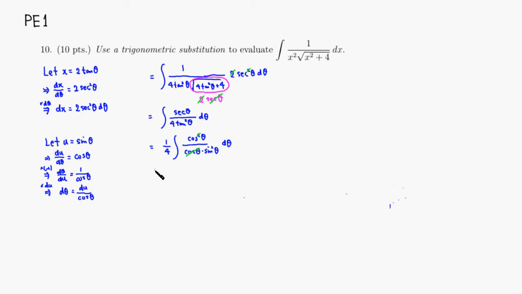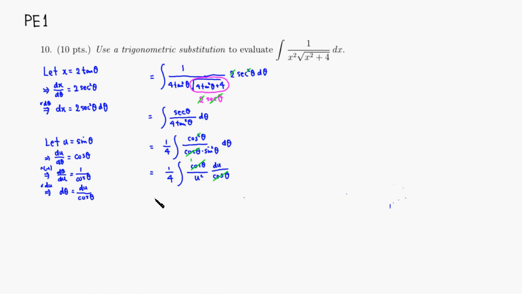So this can be rewritten as 1 over 4. I'm going to leave the cosine of theta as it is on top, and the sine is u, so it's a u squared. And d theta is du over cosine of theta, so we can cancel those out. Cosine and cosine, so you have a 1 on top.